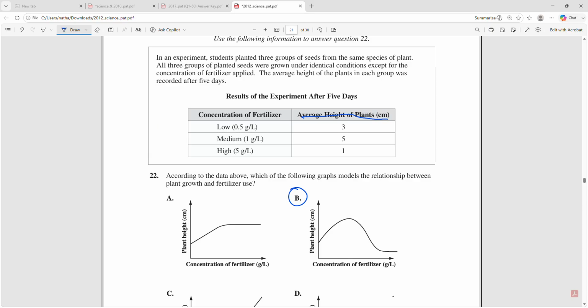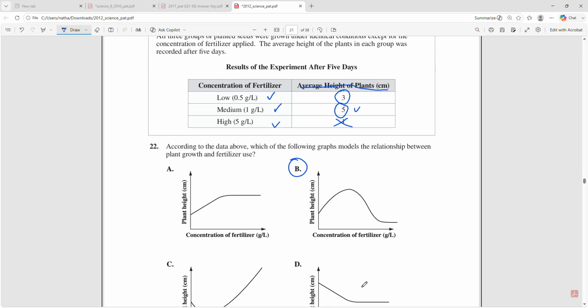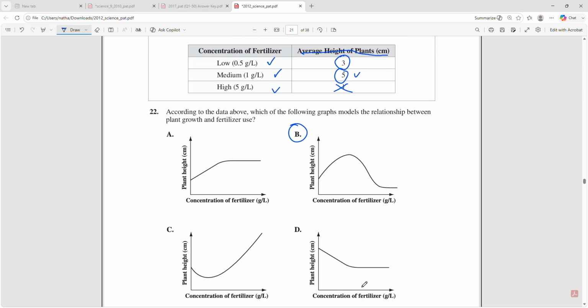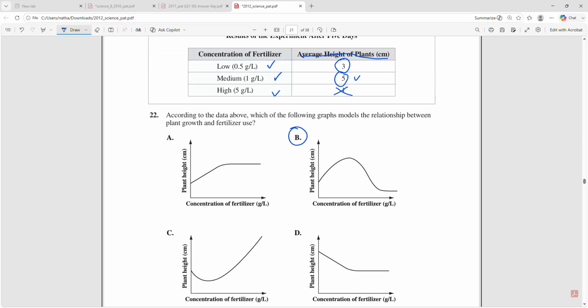And this is the concentration. In one case, they had a low amount of fertilizer, then a medium amount, and a high amount. So at a low amount, they grew 3. At a medium amount, they grew even better, 5. And at a high amount, they did not grow very well at all. According to the data above, which of the following graphs models the relationship between plant growth and fertilizer use?